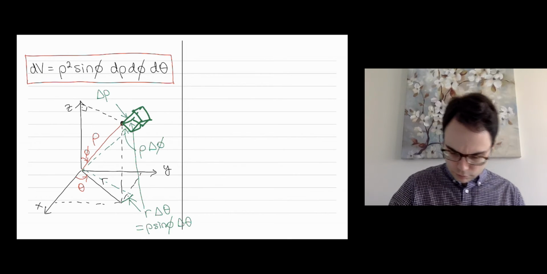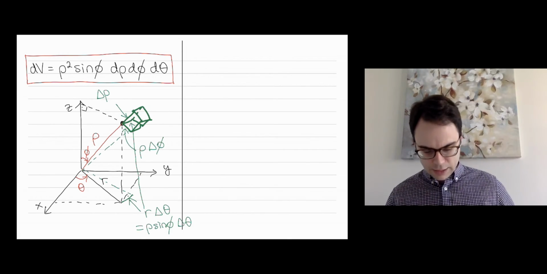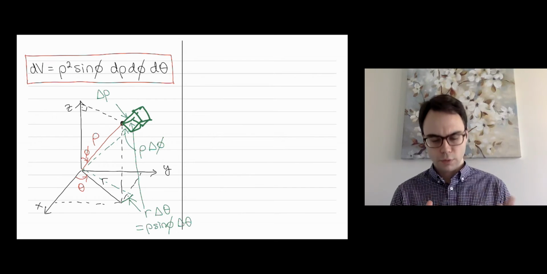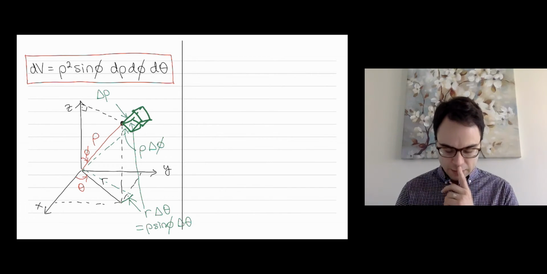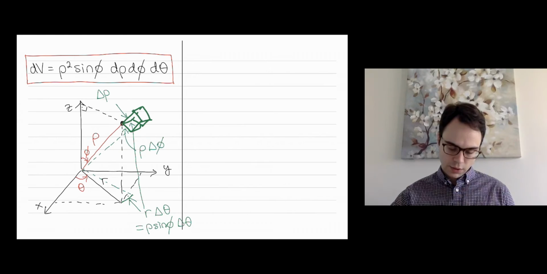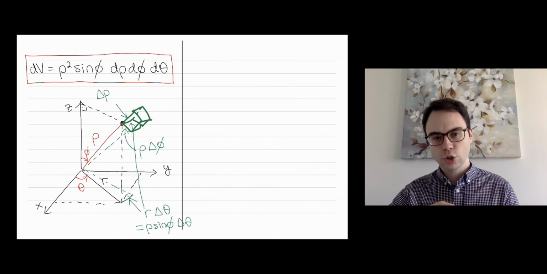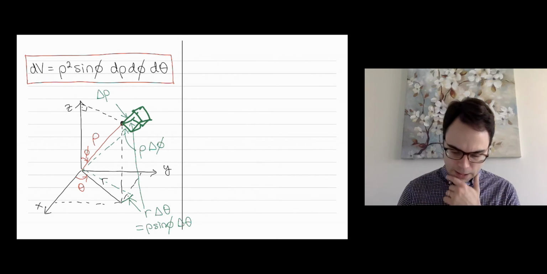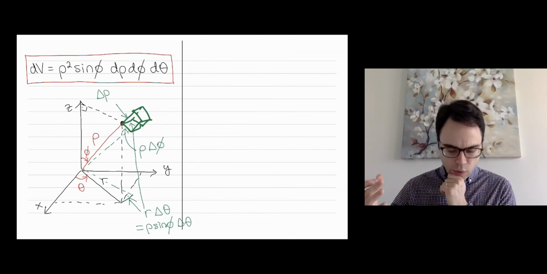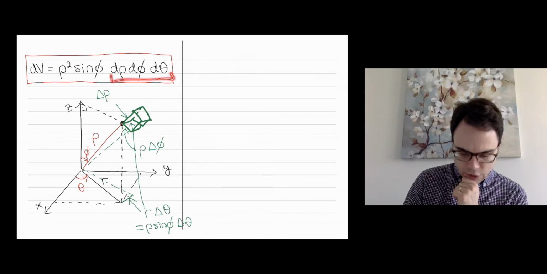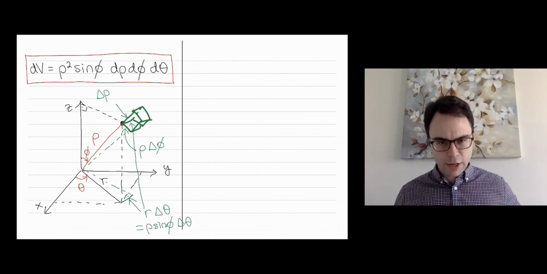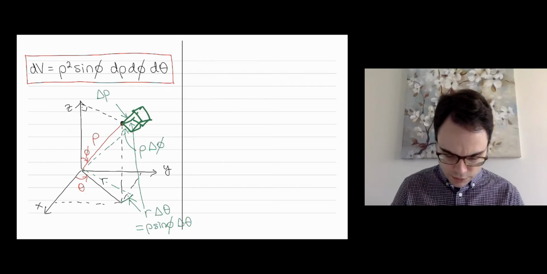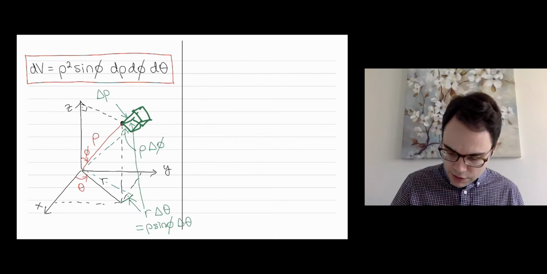Okay, so this little volume that I get, this little region that I span by starting with a point and changing the spherical coordinates each by a little bit, this volume is not the product of the changes in the coordinates, but rather the product of the changes times the scaling factor that we just worked out. Okay, so that's the derivation.